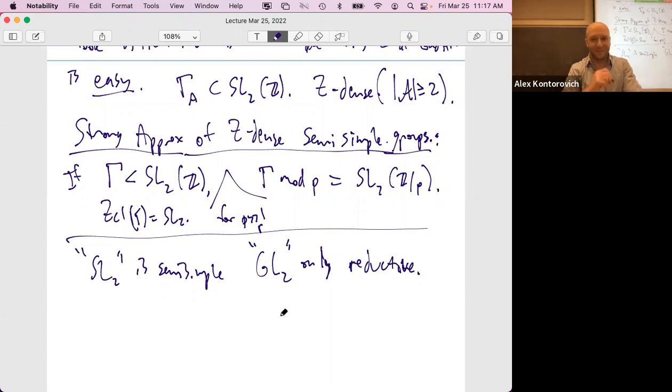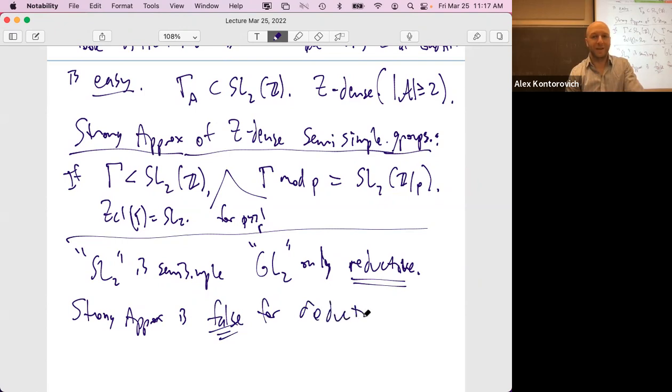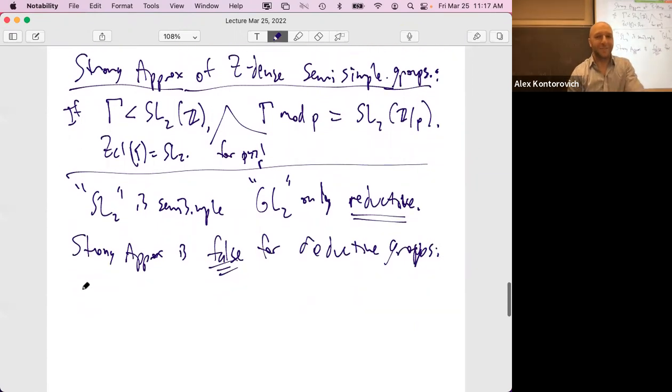Great, great. So let me just point out that strong approximation is false for reductive groups, in the following very strong and very elementary sense.